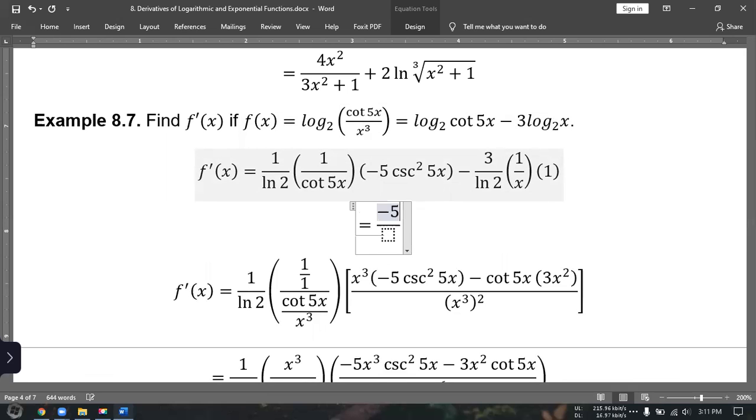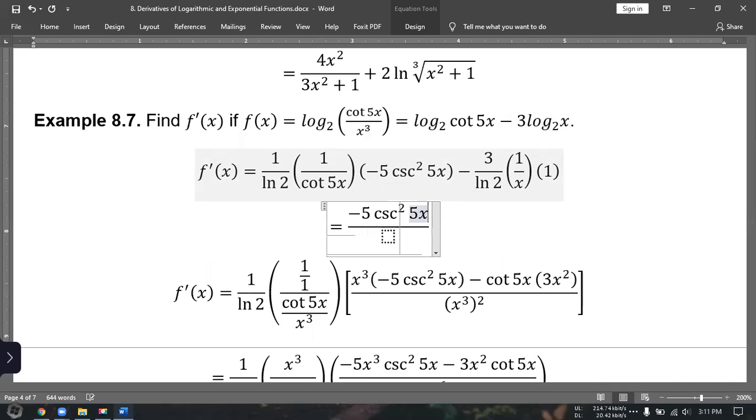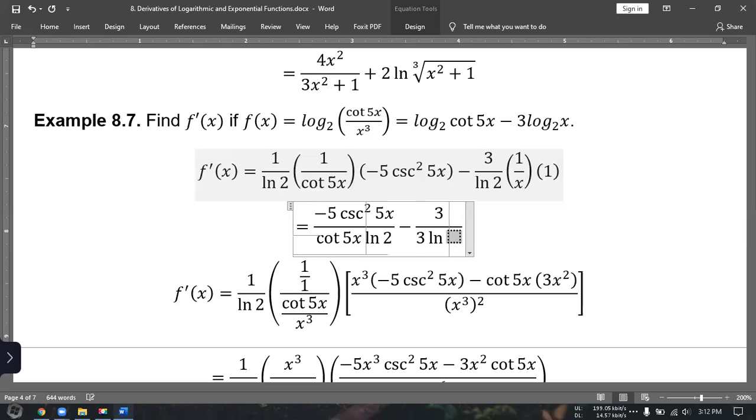Negative 5 cosecant square 5x over cotangent 5x natural logarithm 2, minus 3 over 3 natural logarithm of 2. Ayan na siya. Equal na ba? Not yet, no? Not yet. But this should be x pala, hindi siya 3. This is x.